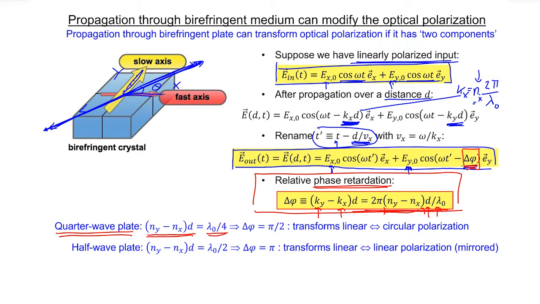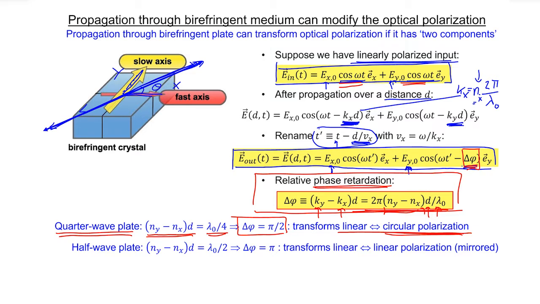And so the phase delay between the two polarizations is pi over 2, 90 degrees. And with this plate, you can transform linear polarized light into circular polarized light. Because when you start with two components which are in phase, then after propagation, they're 90 degrees out of phase. So you go from linear to circular polarized light.